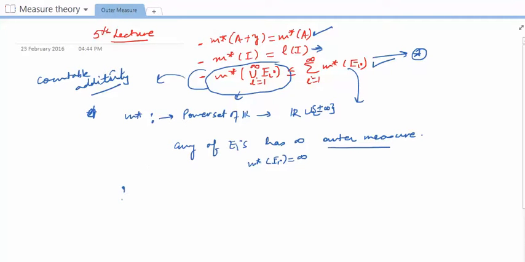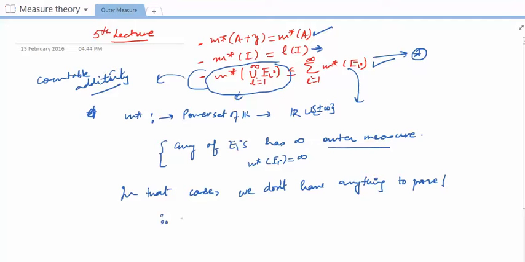In that case, if any of the Eis has infinite outer measure, we don't have anything to prove, and the inequality is trivially true. So we assume that M star of Ei is finite for all i.